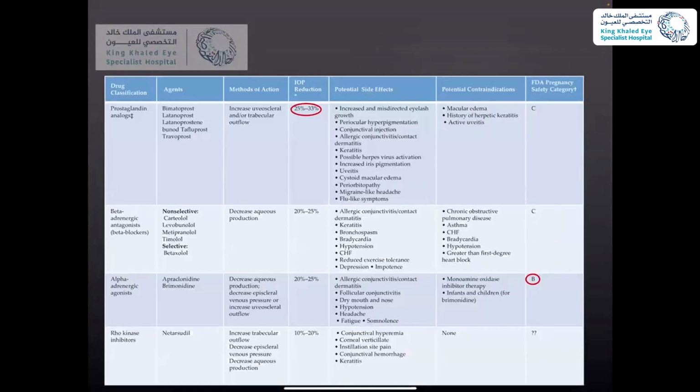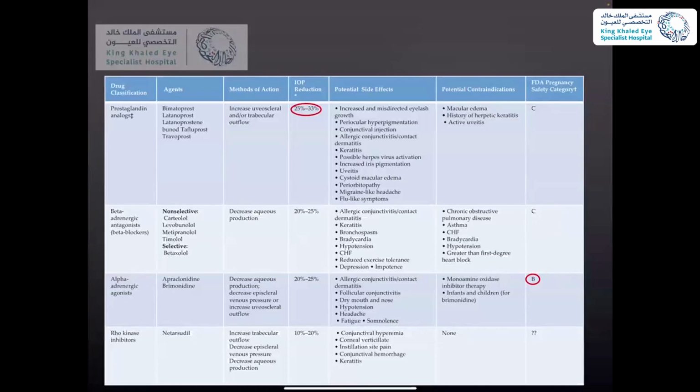Medications are many and huge in the market. As we mentioned, prostaglandin is the primary choice and has the highest IOP reduction rate among all medications.